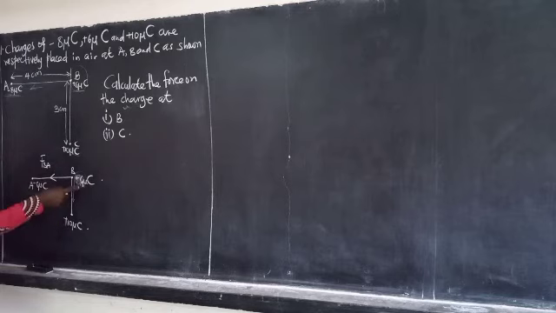In other words, this one experiences a force from this one that tells it to go away, and therefore we would have that force in that direction. So that is the force on the charge at B due to the charge at C. We can continue and see how we treat that mathematically.